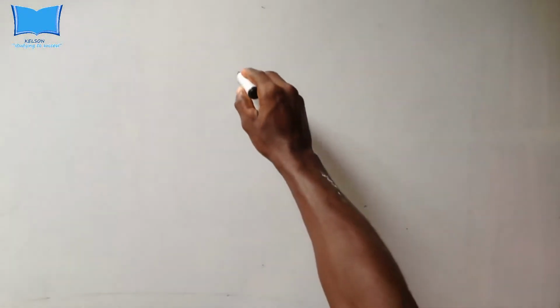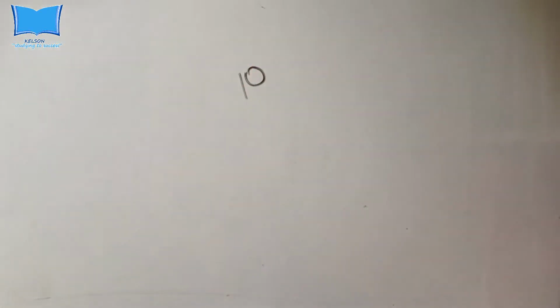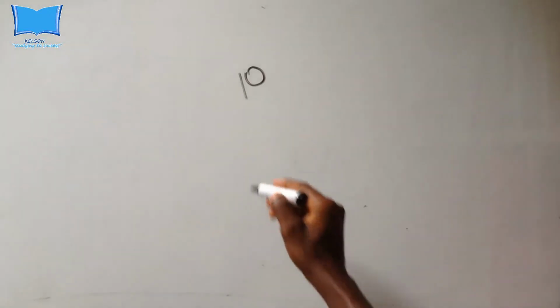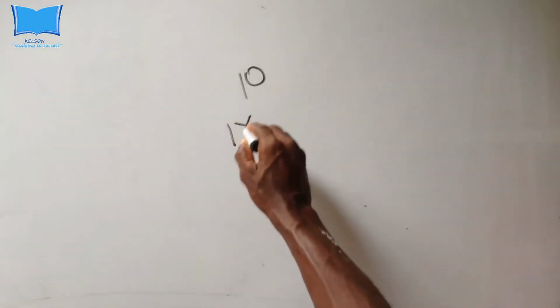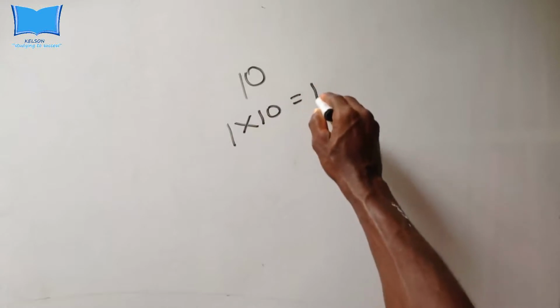Let's try another simple example to make sure we really get the factors of numbers. Let's take another number, the number 10. So we want to find numbers that, when we multiply them together, we will get the number 10. We already know that we can multiply 1 by 10 and it gives us 10.